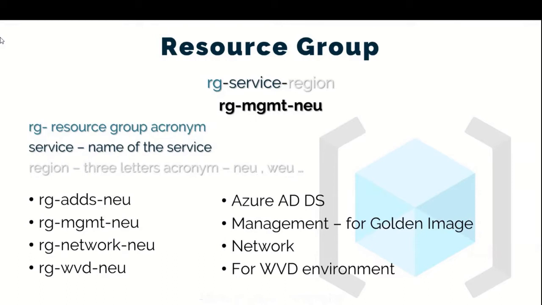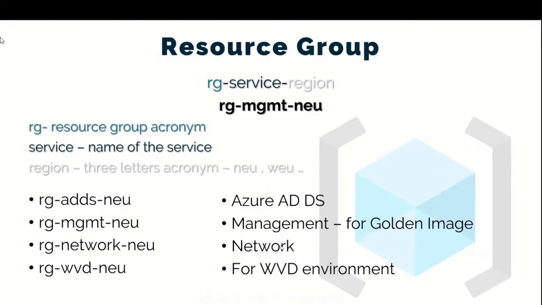NEU means North Europe in my case. Here is also the description of what kind of resources will be placed in which resource group, so ADDS for the domain controller VM, then the management group for the golden image creation, the shared image gallery, and other things.